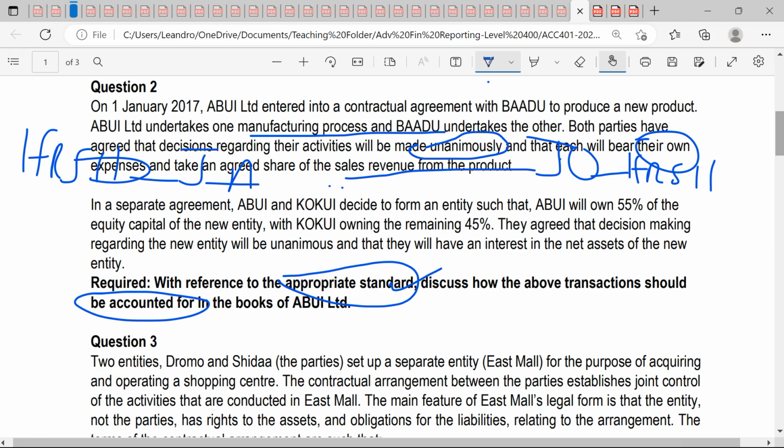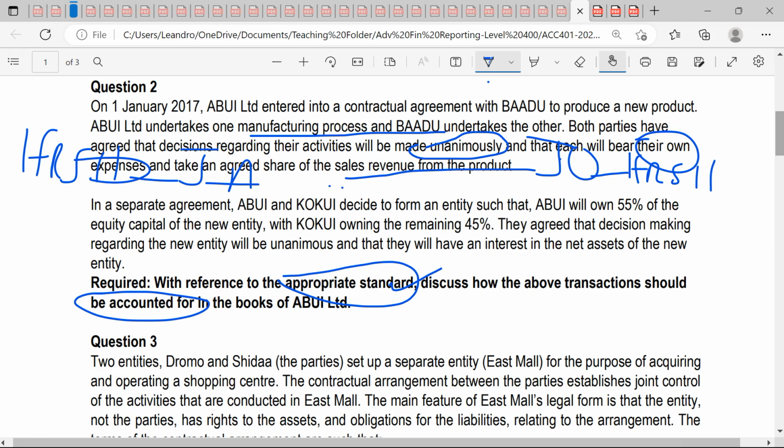So if the joint operators are also parents on their own, then they will have a consolidated financial statement, and then they will take their share of the joint operation assets and liabilities, incomes and expenses, and add it to their assets and liabilities in their own separate financial statements. That's what it means. So that's the accounting part. So don't just classify and go. Tell us what the accounting will be.